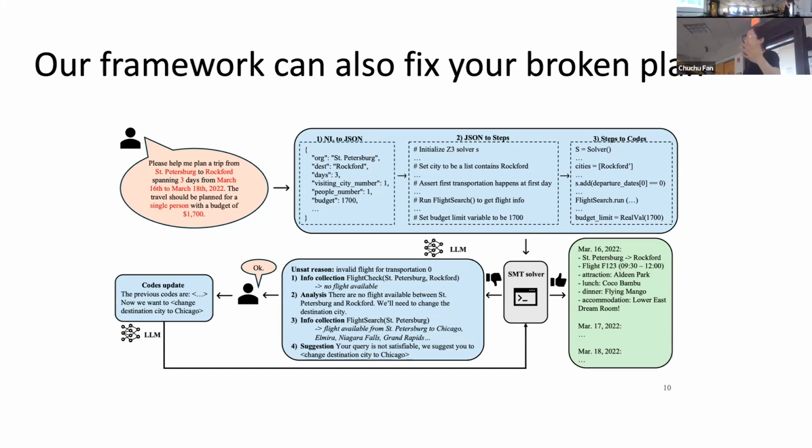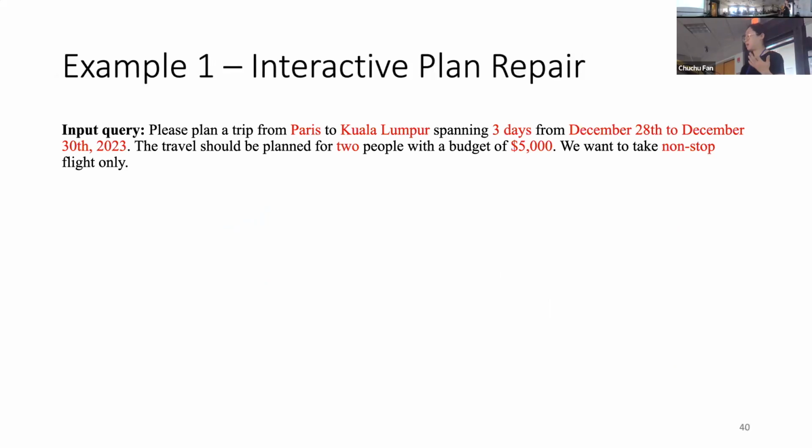And are you willing to modify that part? Because all the interaction is through natural language, it will be very easy to communicate. Like this user query wants to ask the framework to plan a trip from Paris to, I don't know where this place is, for 3 days within this time window.